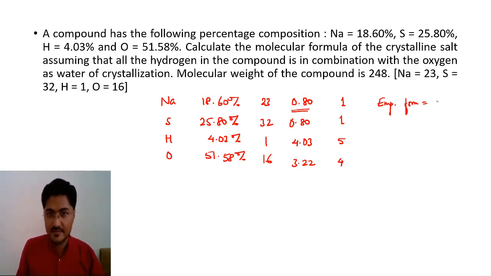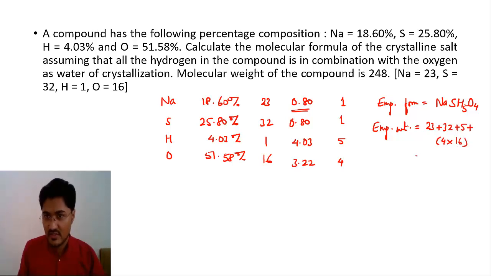So the empirical formula becomes NaSH5O4, and the empirical weight will be 23 plus 32 plus 5 plus 4 into 16, which comes out to 124. And here the molecular weight of the compound is 248.